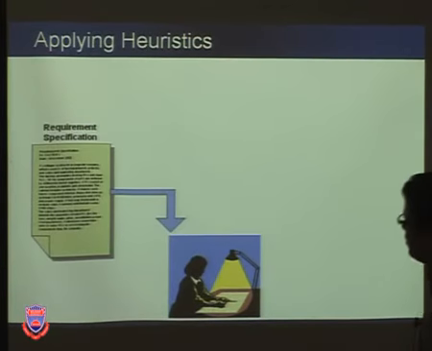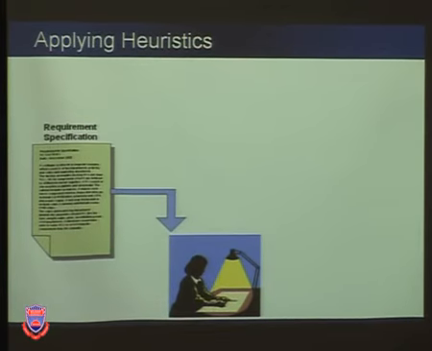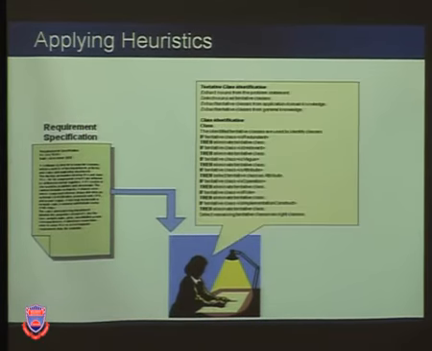So this is the process. We have the requirement spec. This is our architect. She looks at the rules in the method and tries to identify the class artifacts here.